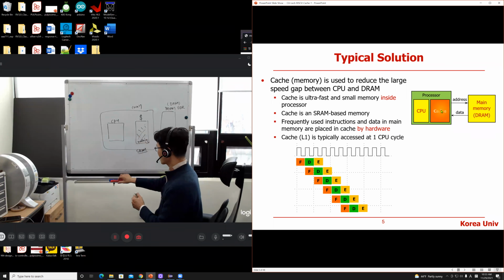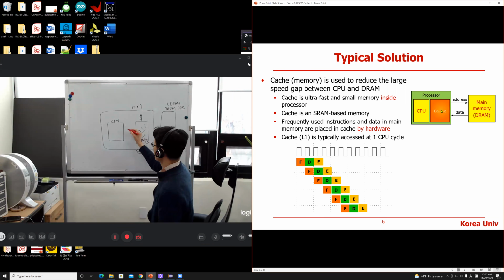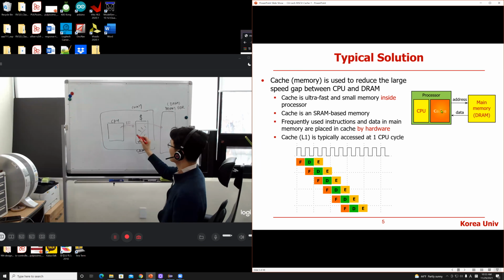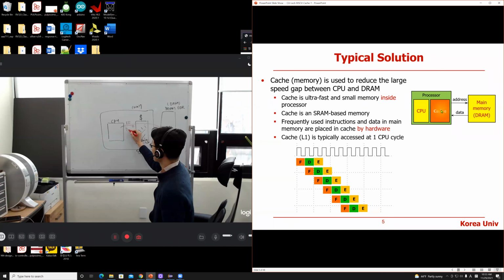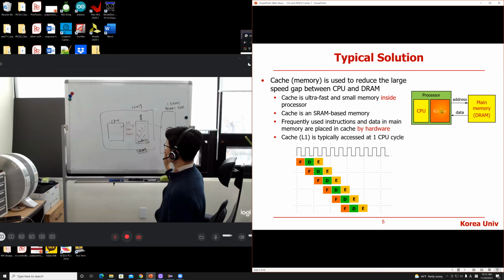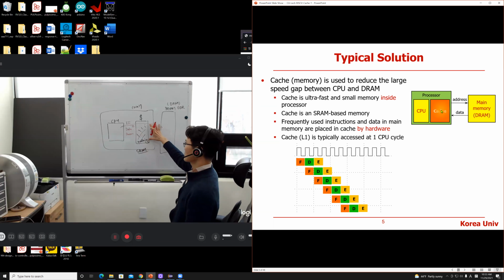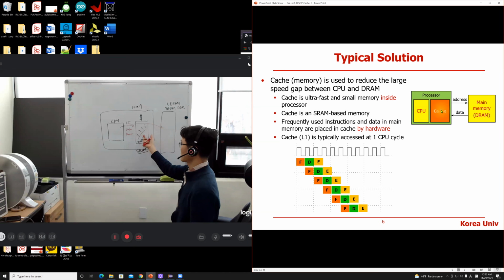So you turn on the computer, then the CPU does instruction fetch from the memory, and also data access. At the beginning, cache is not able to provide instructions or data because there's nothing.